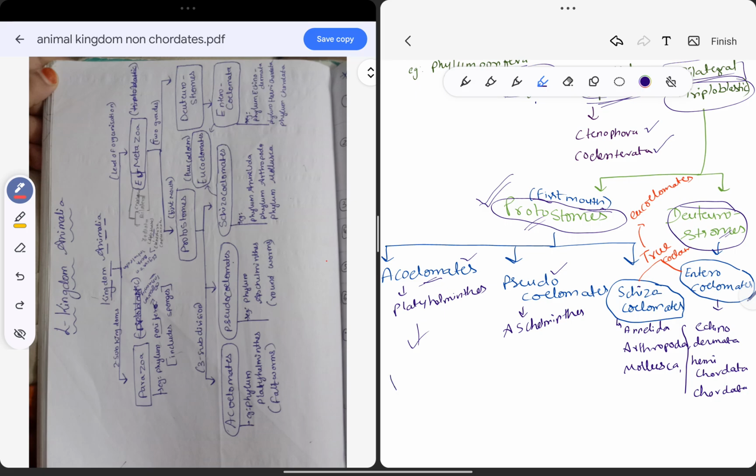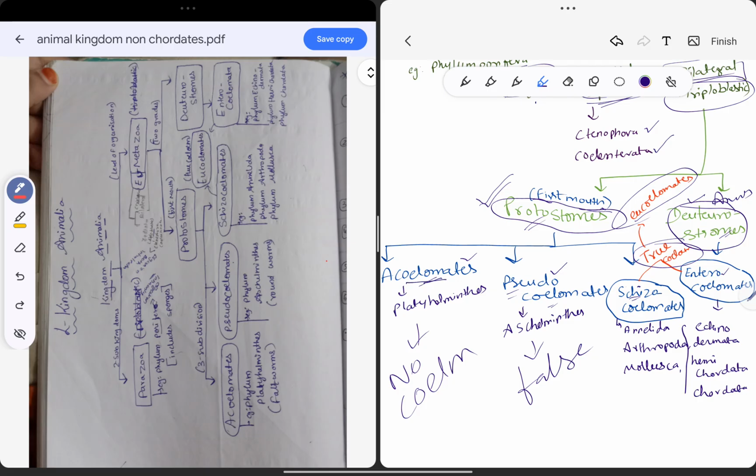Acoelomate means there is no coelom present. Pseudocoelomate means false coelomate. The other one is schizocoelomate, and there is the enterocoelomate which comes from the deuterostomes, where the anus is formed first and not the mouth. Both the schizocoelomates and enterocoelomates together are called true coelomates, also known as eucoelomates.